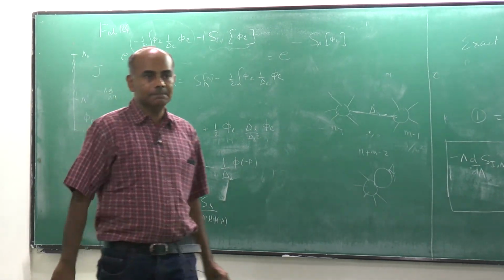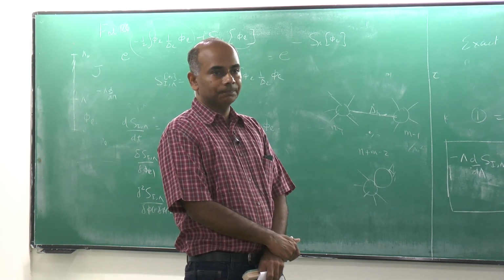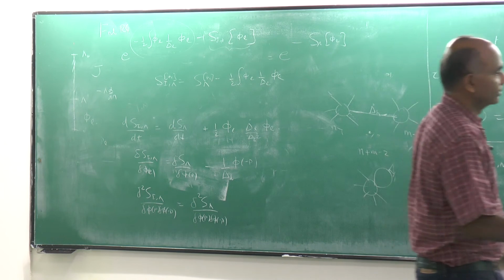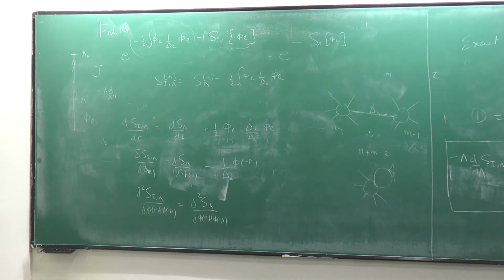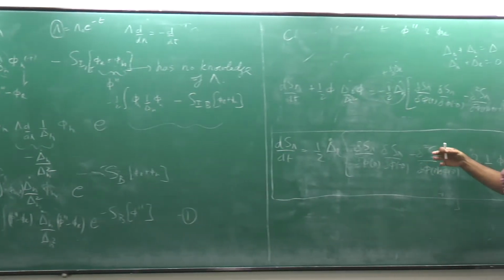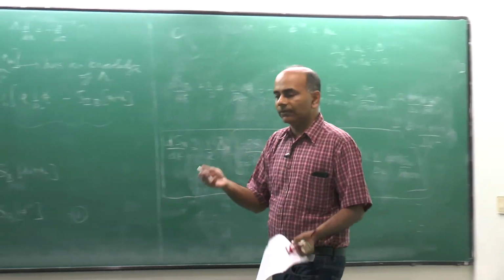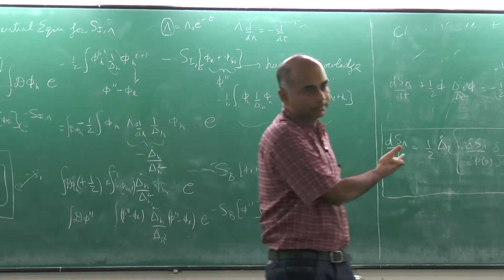Sorry, I thought any action, I thought if you start with a renormalizable theory and integrate it out till lambda, whatever the effective action you get solves this. Not every action. No. Okay, what I mean is any Wilson action that you get by integrating out is a solution of this. Conversely, you solve this differential equation to get a Wilson action. So by definition, a Wilson action is something that solves this equation.